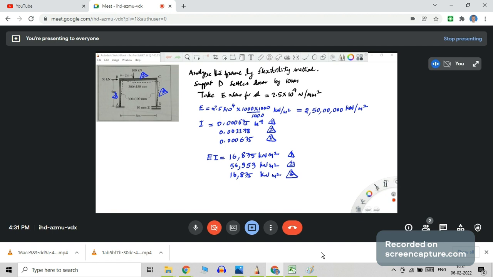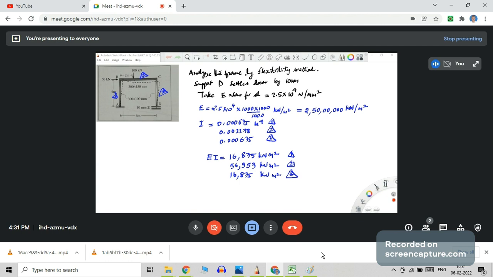In flexure, it is the rotations at both ends of the flexure element. Small r is the displacement corresponding to wherever we have some applied loading, and small x is the displacement corresponding to the capital X. Capital X is the redundant.